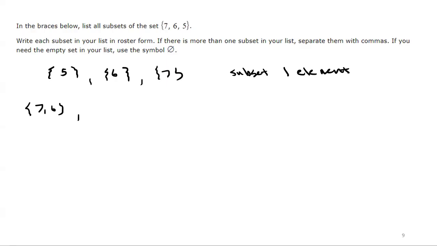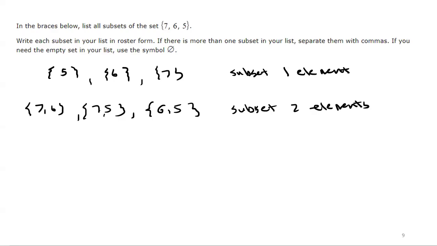I can write 7, 5, and I can write 6, 5. So in this case, this would be a subset of two elements, because each set has two items.